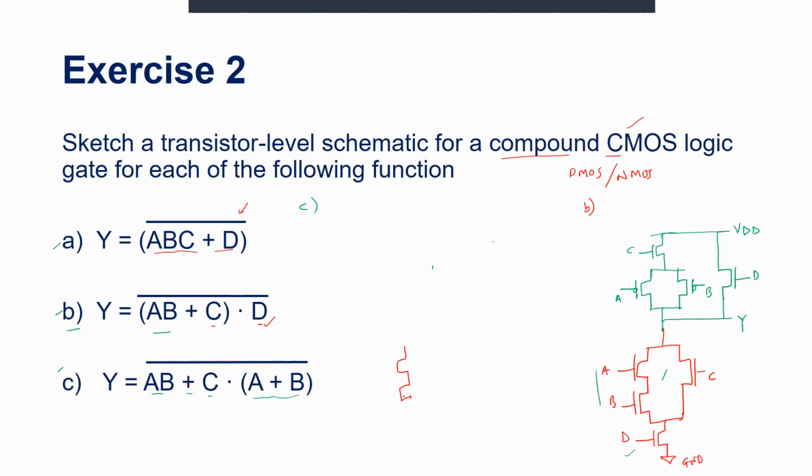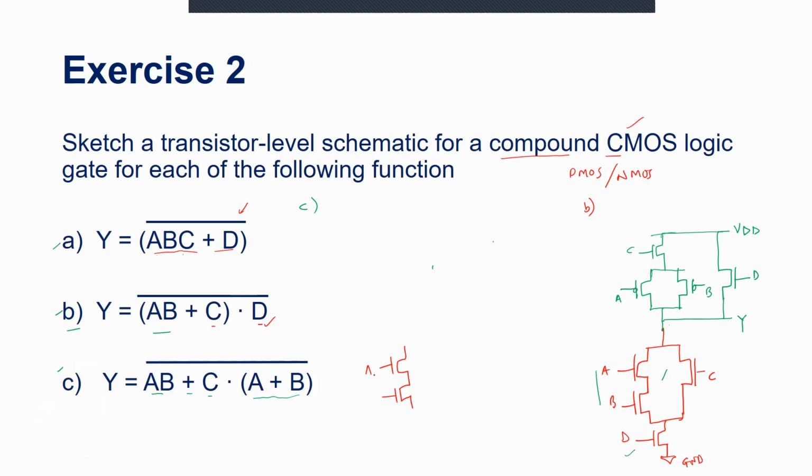So obviously I'll start with the NMOS. I can start with the PMOS also. So A and B in series for the NMOS. If I want to start with PMOS, I will draw A and B PMOS in parallel. Then I can take the complement of it in the bottom part with the pull down NMOS network.